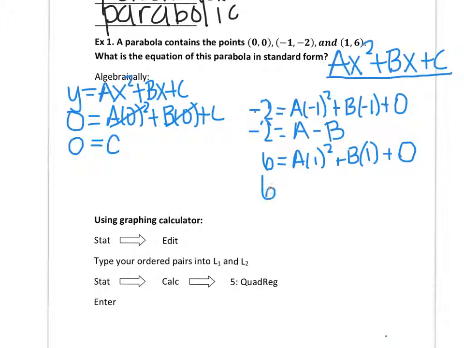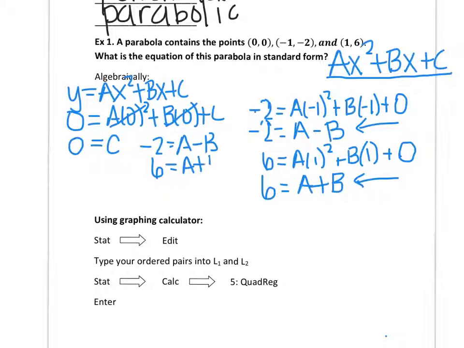Now this gives me an equation of a plus b. I'm going to take both of these equations now. This is a systems problem. Remember way back last semester when we did systems. So negative 2 equals a minus b. I'm going to line them up. 6 equals a plus b.